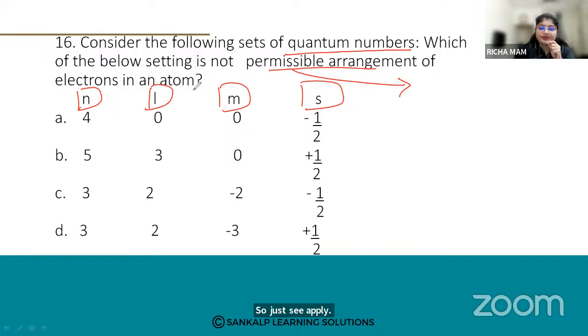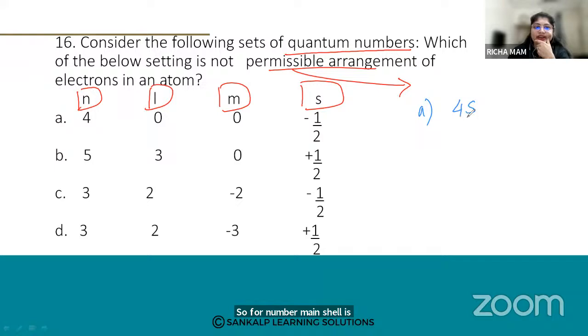16th question. So here, first one, A, it is 4s. So the main shell is 4 and L is equal to 0.